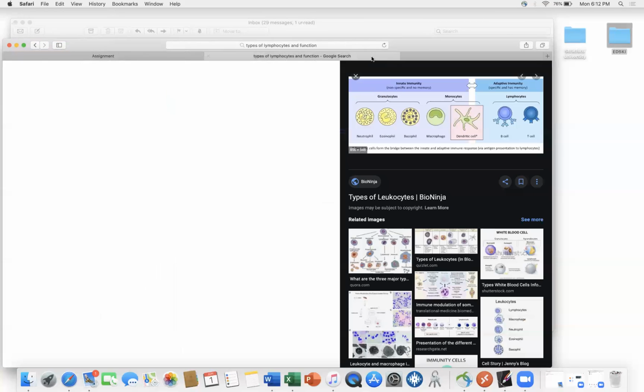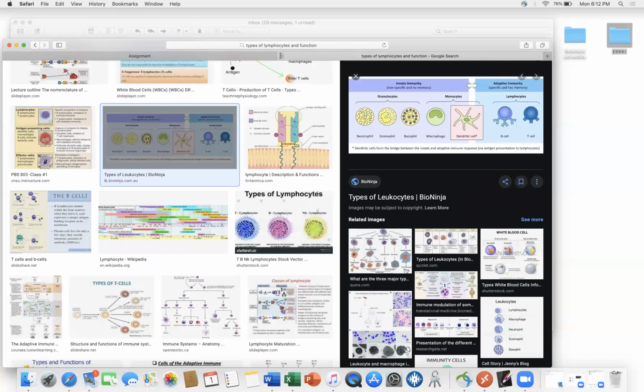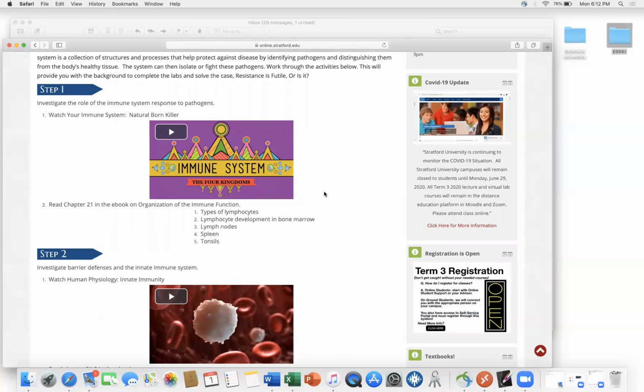And the video also goes over that as well. But that's a prime example of how you could just Google things and use your textbook and then just cherry pick the very important things and the very important parts. So that's types of lymphocytes. Lymphocytic development in bone marrow, and nice to know.